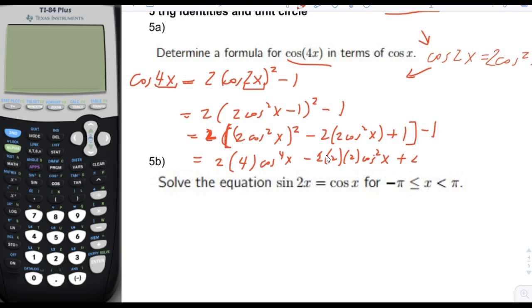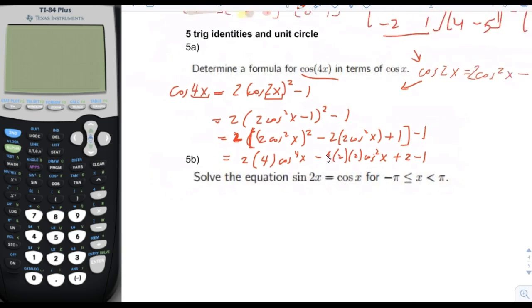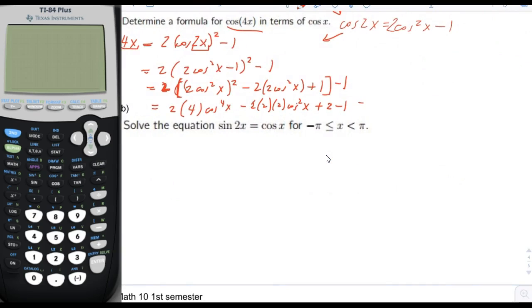I distribute the 2, and then I have minus 1 here. Okay? We're getting very close to finishing. So this will be 8 cosine to the 4th x minus 2 times 2 times 2 is 8 cosine squared x. And then the last term would be 2 minus 1, which is plus 1. Okay?